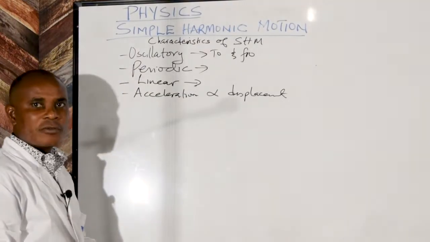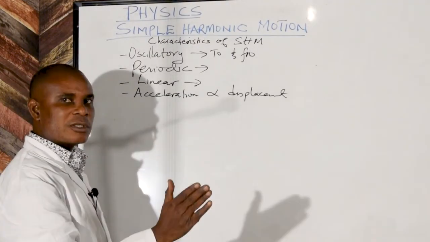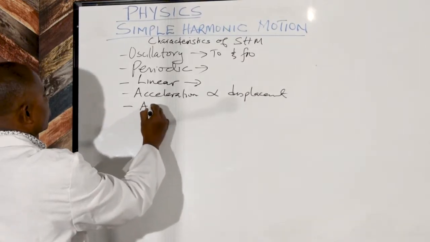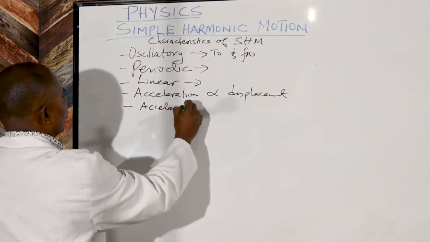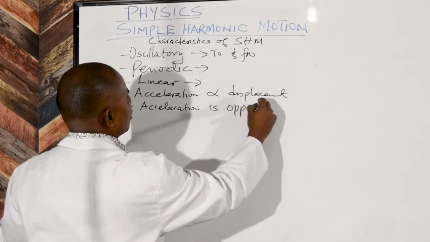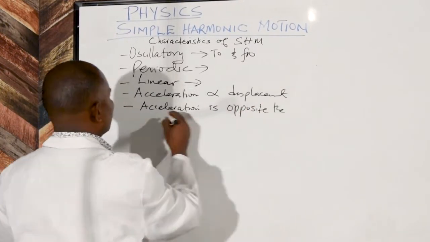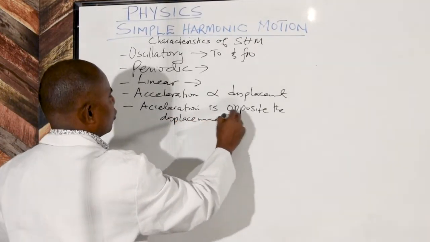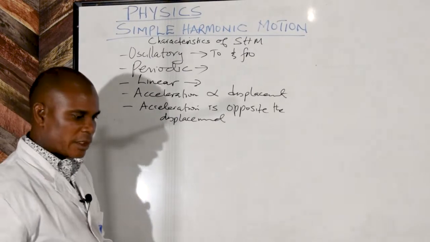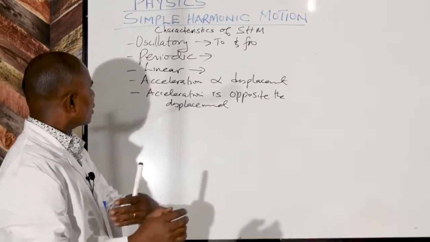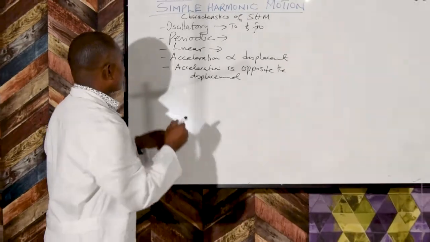The acceleration of the body is directly proportional to the displacement, and that same acceleration is opposite the displacement. So in other words, if the body is accelerating this way, the displacement is the other way. And it's also circular.